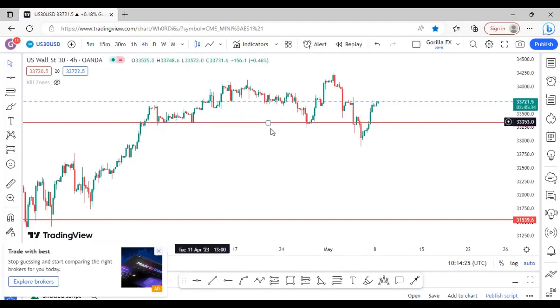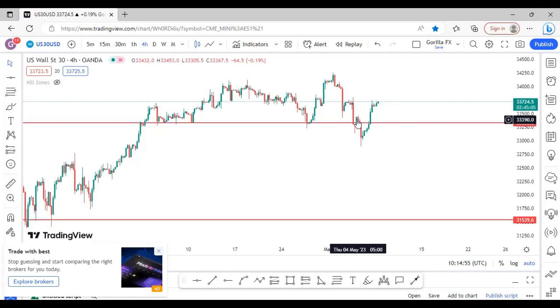So this zone, you know, is your support zone. On your support zone, as you can see, the market came back again, played this zone. You know what the market is going to do based on your experience, on how long you have been practicing how to approach the market and how to backtest.